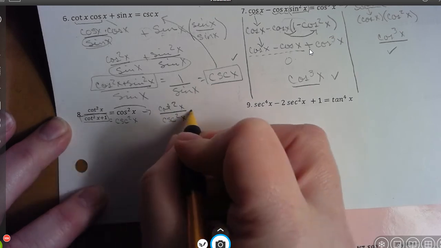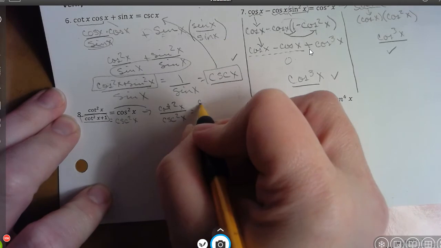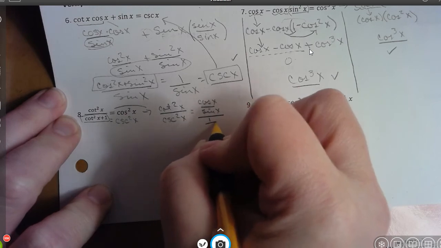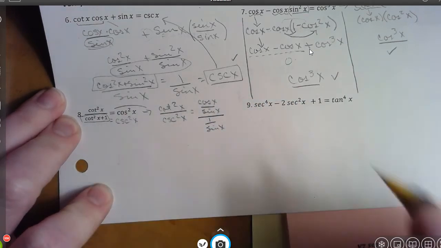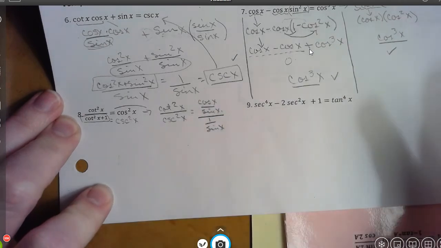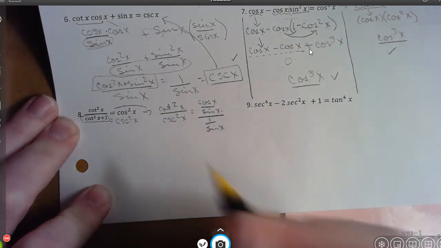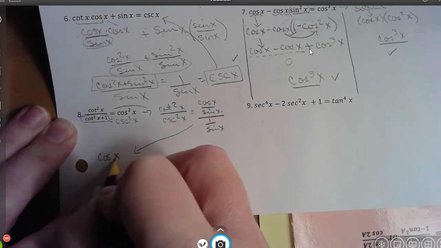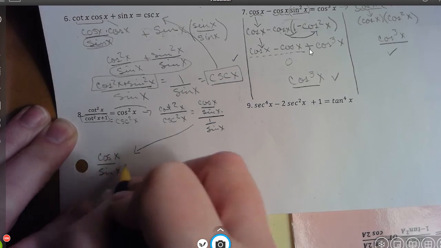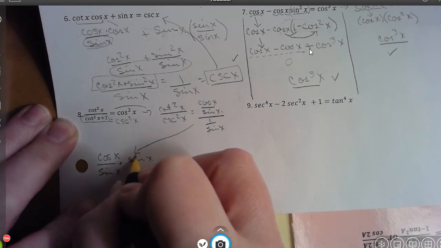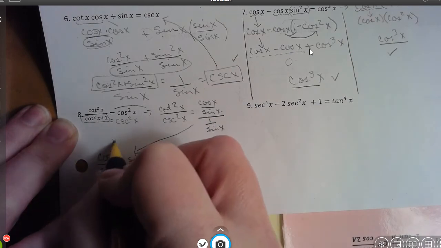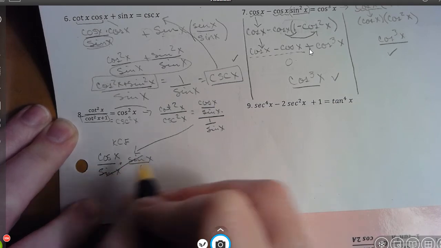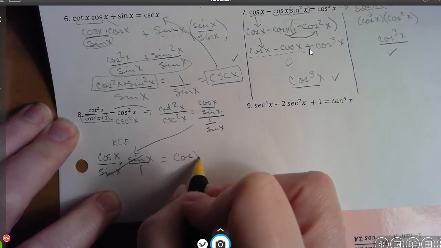And then cotangent is equal to cosine x over sine x divided by 1 over sine x. Now, if you notice that these are both denominators, they cancel right away. If you don't notice, you can rewrite it as keep, change, flip. Cosine x over sine x times sine x over 1. So I flipped. This was keep, change, flip. Okay? The signs cancel. I'm left with cosine x.